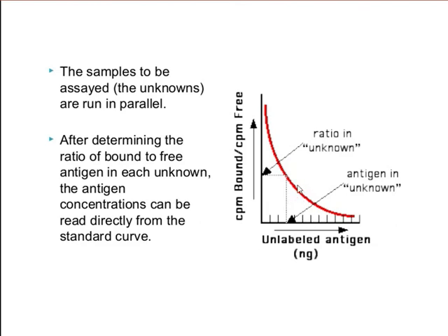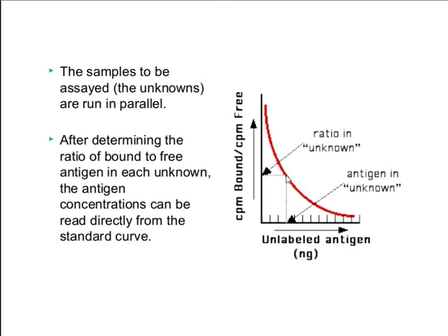You follow all the procedure, centrifugation, and you measure the radioactivity. Suppose you get a radioactivity value here. Suppose this is your value of radioactivity. This is the radioactivity which you get.